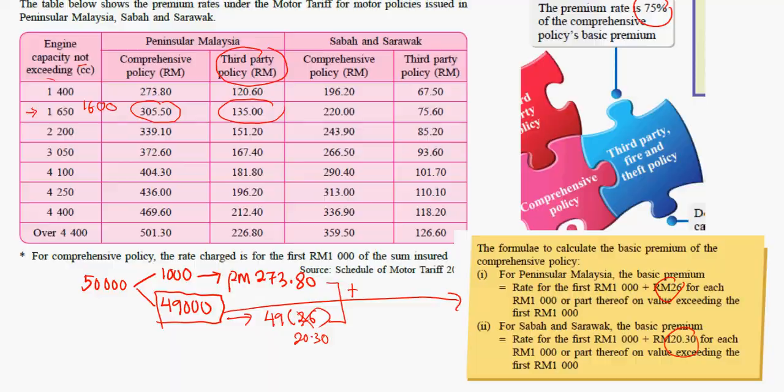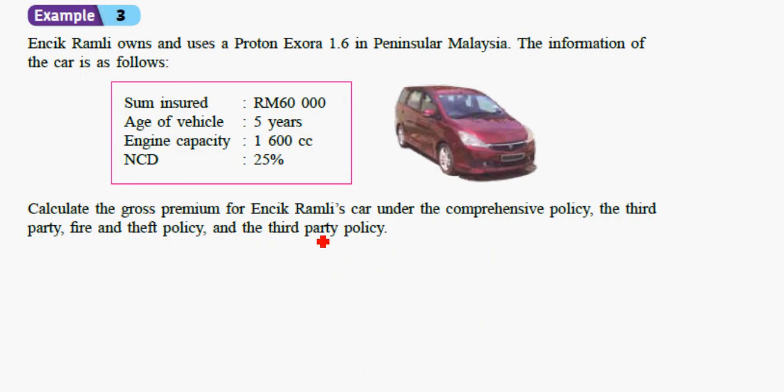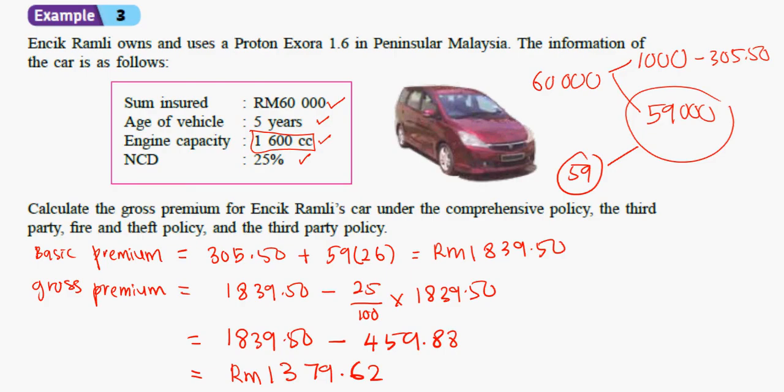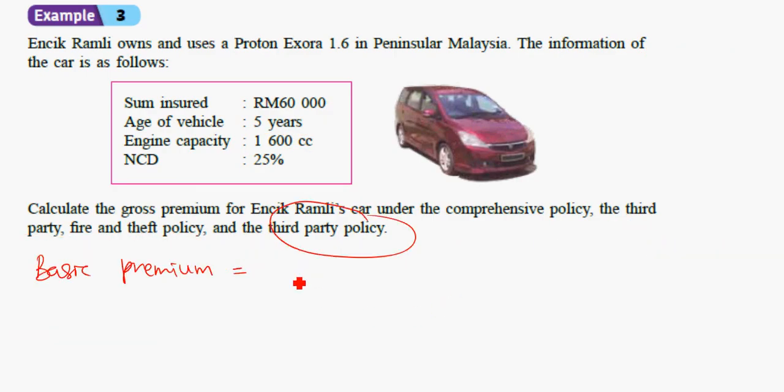So you just need to take the value for the third party policy. The basic premium is, what was it again, 135 ringgit. For this case, you don't have to add 26 ringgit for the additional 1,000 ringgit, because this is third party policy, so you just take the value from the table.